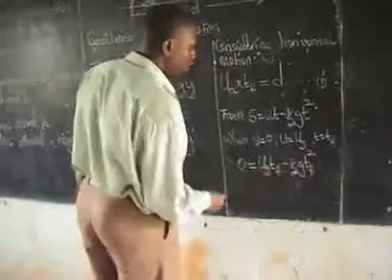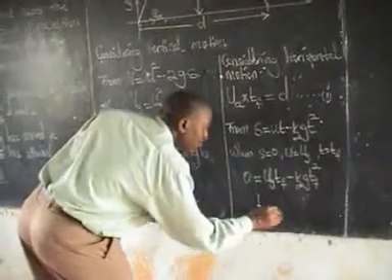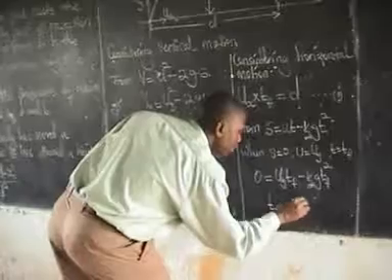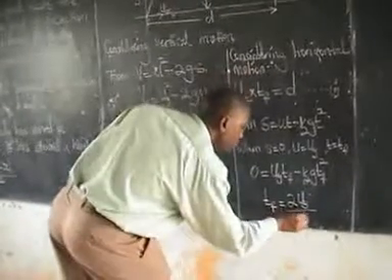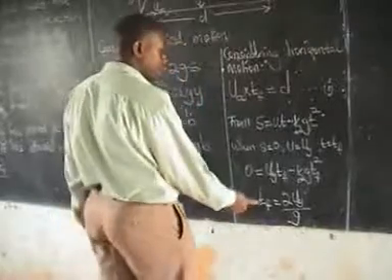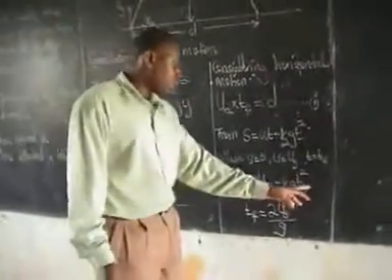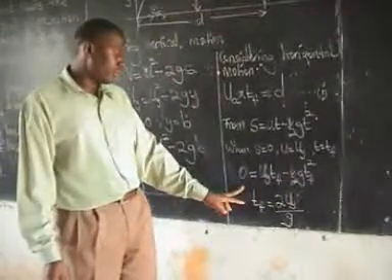Therefore, when you substitute, you will get 0 is equal to Uy Tf minus a half g Tf squared. And when you try to make Tf the subject, you will get Tf being equal to twice Uy divided by g. So this is actually a quadratic equation in Tf, and it will give us two values of Tf.